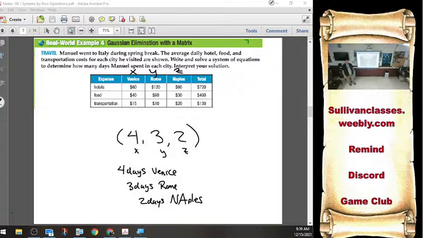Every year you get that one kid who just has a giggle fit when we do this problem. It wasn't me. Wait, why? Because it was saying Naples? Because I thought it was saying... Where is Naples? Yes. Italy.